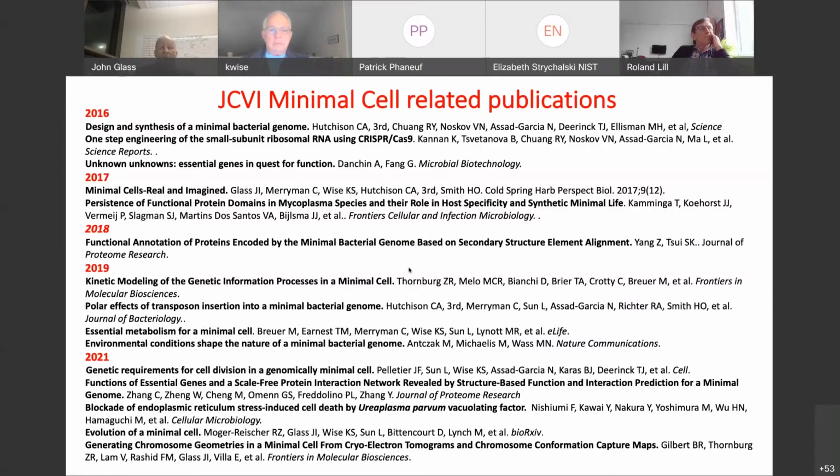Some of these are computational papers rather than wet science papers, but the pace of activity with the minimal cell has really picked up. I know now that there are, I think, 4 other papers in review, and there are at least another half a dozen papers that I expect to be submitted to various journals before the end of 2021. So the momentum is picking up.